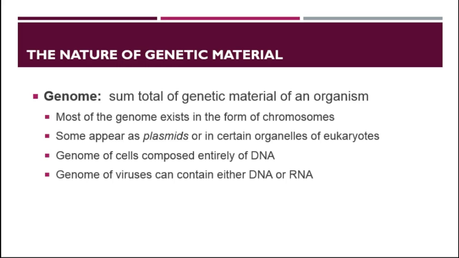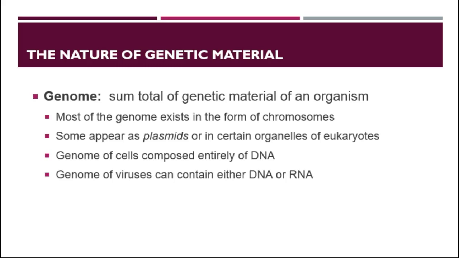So there's quite a bit of vocabulary that's involved in genetics and understanding DNA and genes. The first that we're going to talk about here is genome, and the word genome means the sum total of genetic material of an organism. Maybe you've heard of the Human Genome Project, where we're studying all of the genetic material of human cells.